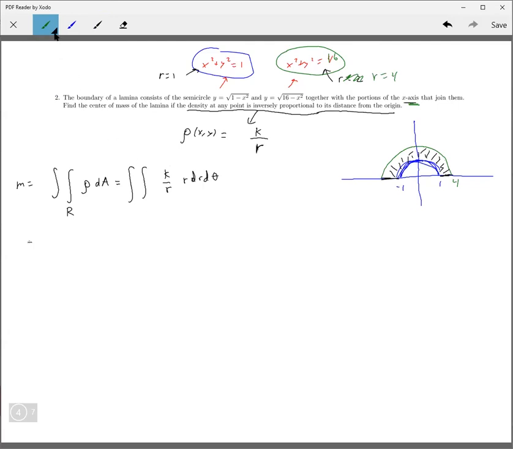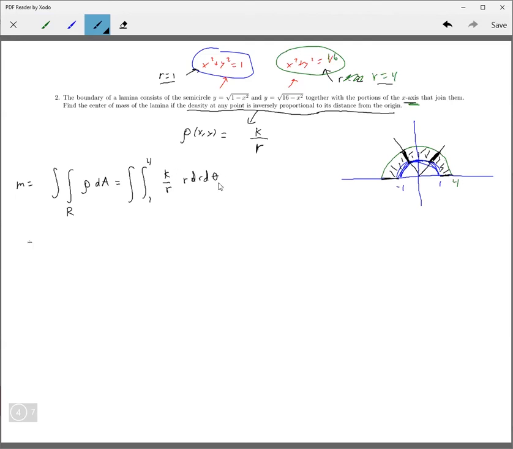What do you think the limits are? For r? Is it from 1 to 4? Exactly, 1 to 4. Anywhere radiating out from the center, it's going to be from 1 to 4.